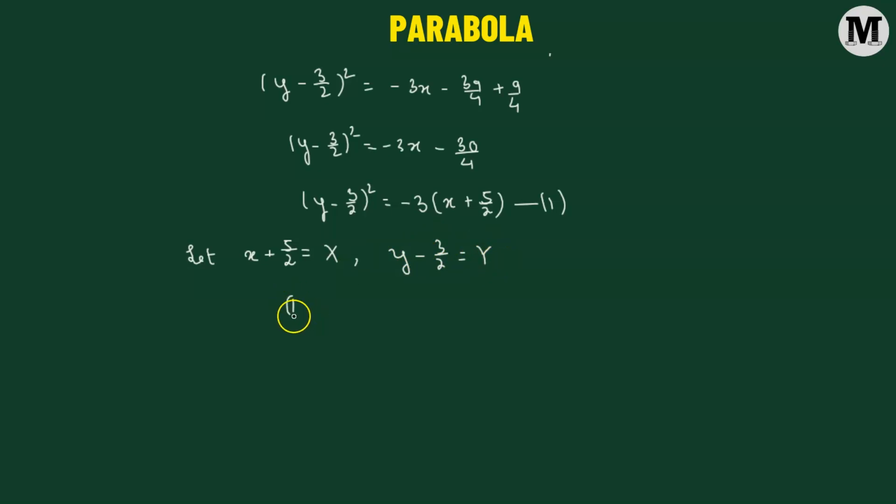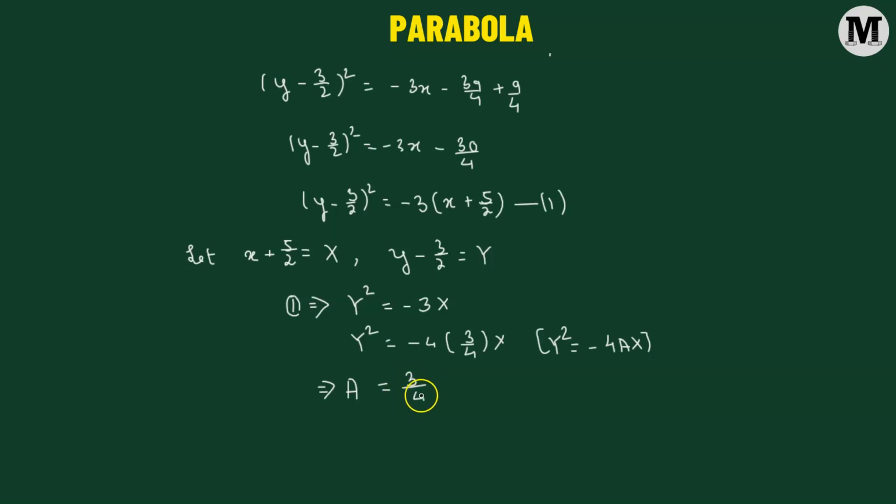Now this means that equation 1 transforms into Y squared equals negative 3X, which can also be expressed as Y squared equals negative 4 multiplied by 3 over 4 times X. We're writing it in this particular fashion because this is comparable to the form y squared equals negative 4ax, which means that the value of a will be 3 over 4.